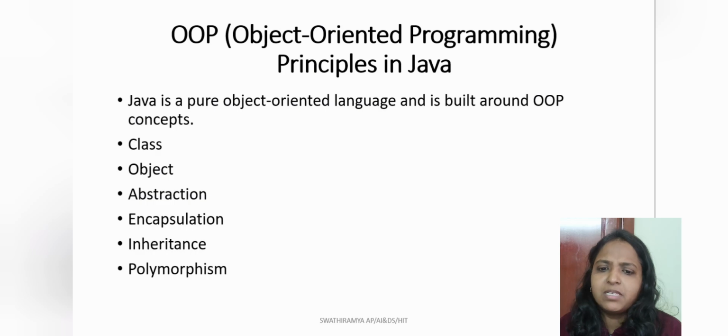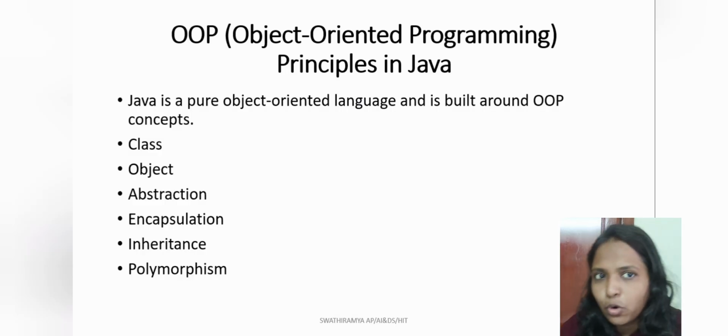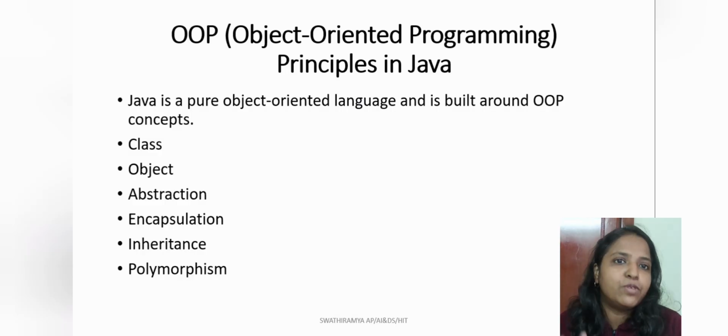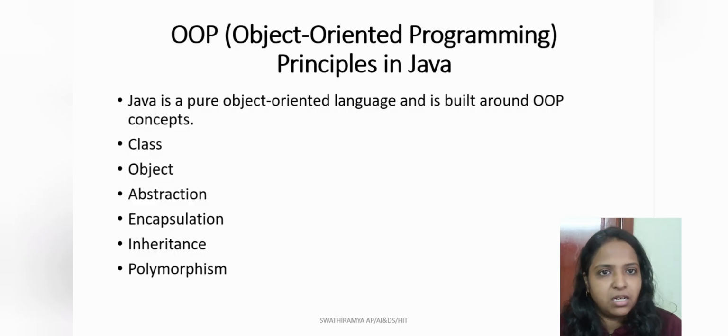Polymorphism means one interface or method can take different forms. I just gave you only the one-line definitions of the object-oriented principles. Let's get deeper into these concepts, and I'll explain with a real-time example too.